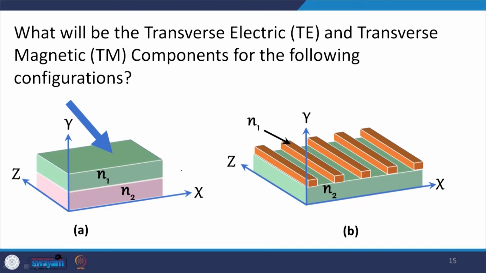This is kind of a homework for you. You have to tell me what will be the transverse electric and transverse magnetic components for the following configuration. In this particular case, you have the z axis here, y axis here and x axis here, and the structure is the same but has different refractive indices, n1 and n2.